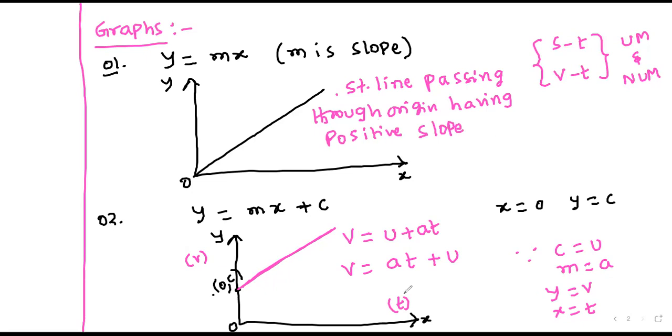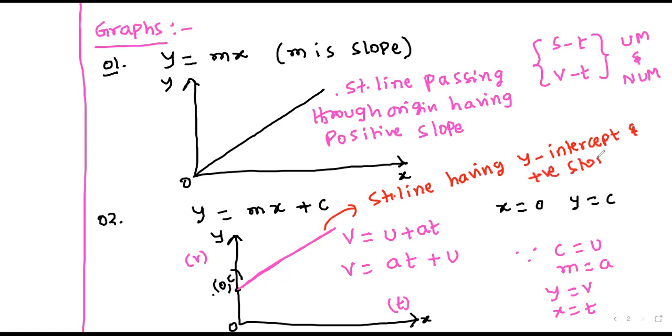And this one is a straight line having y-intercept and positive slope. Okay, draw this one.